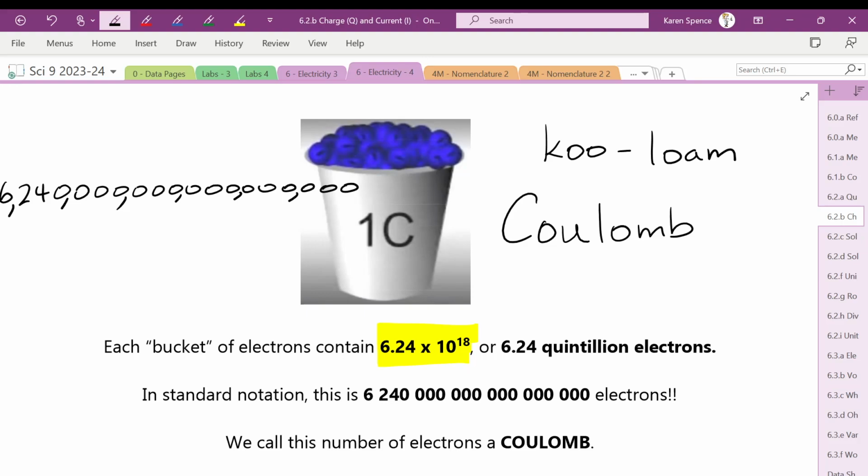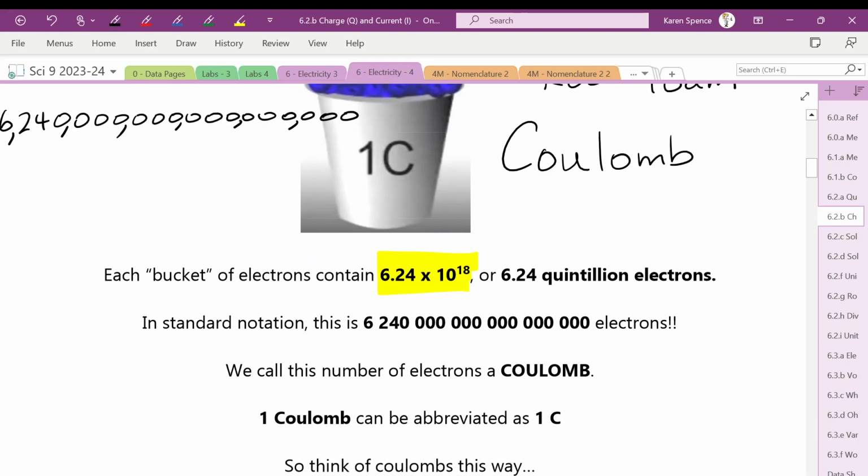Okay, sounds good. All right, so we have the coulomb, okay, and the coulomb is a unit. It is the unit for the quantity charge.